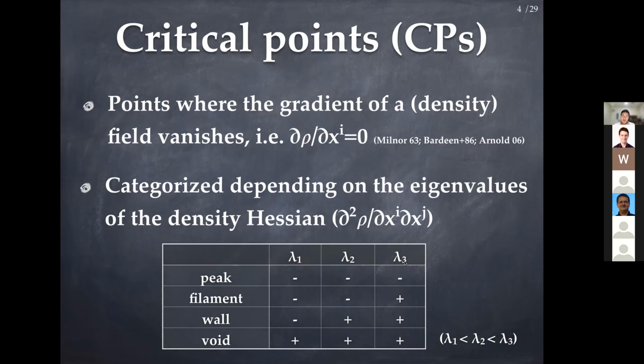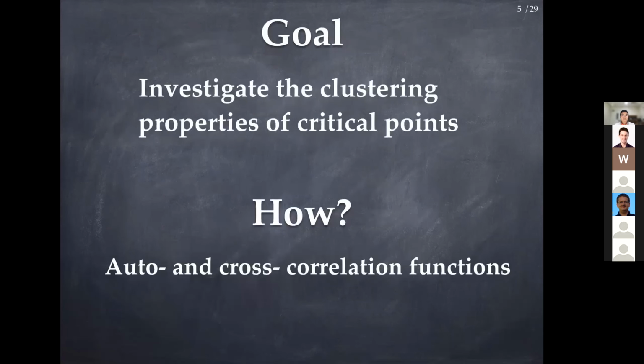So you can have an analogous explanation also for the walls. So the final goal of this research is to investigate the clustering properties of critical points by measuring the auto and cross correlation functions of these critical points.